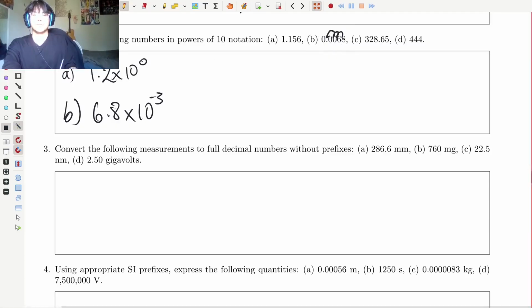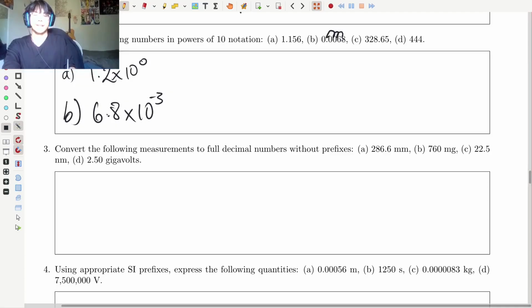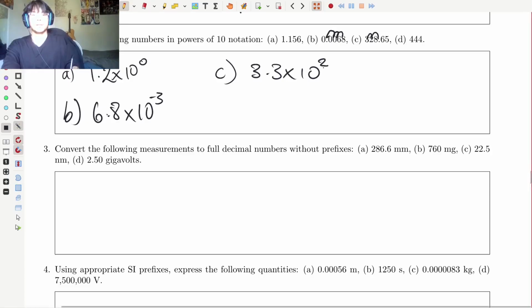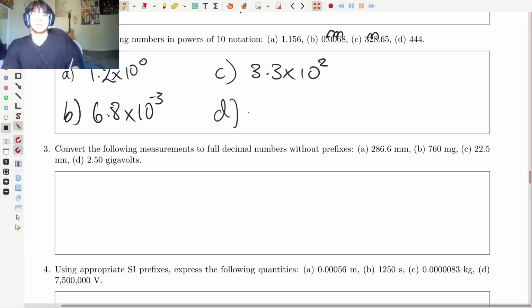So we're getting this decimal here, or we're imagining that the decimal is right in between the 6 and the 8, and we're going to add a factor of 10 to the minus 3, which brings the decimal back 3 places, thus giving us this number. Now we will do the same thing for C, where we have 3.3 times 10 to the 1 and 2, and then in the exact same way we do it for D, times 10 to the 2.